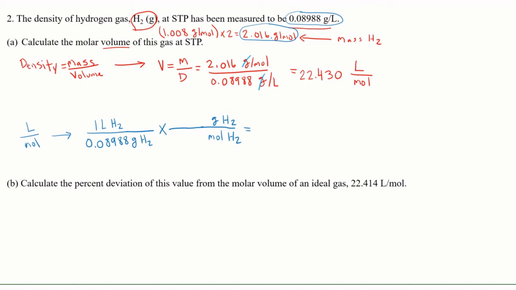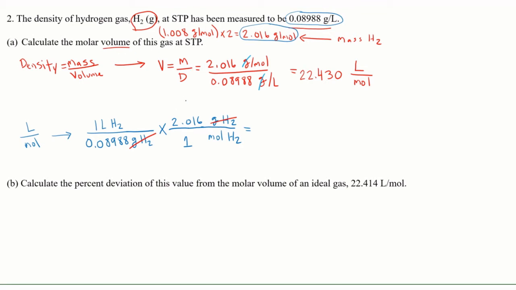And I have the molar mass. The molar mass of hydrogen is 2.016 grams of hydrogen per mole, so that means it's per 1 mole. And this allows me to cancel grams of hydrogen. And now I could calculate.